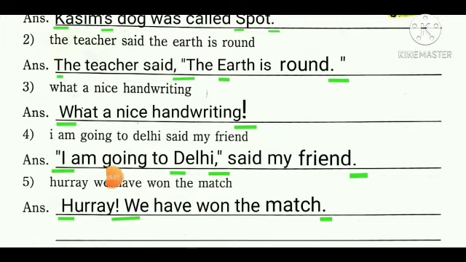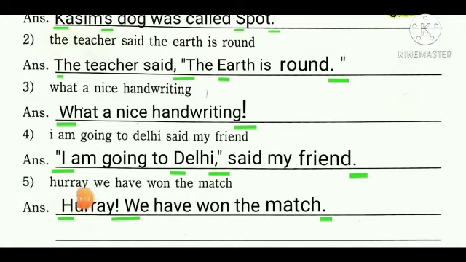I am going to Delhi, Delhi has a capital D because it is a proper noun, then a comma, the double inverted comma completes, and at the end a full stop.